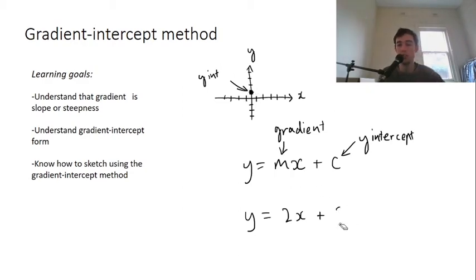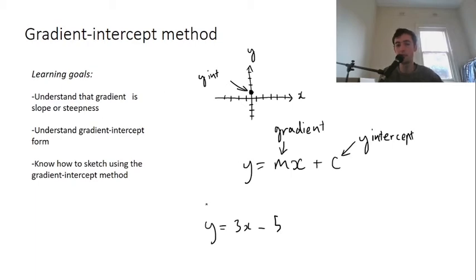If you ever want to know what the gradient and y-intercept of a line are, you can write down the line and write this formula above the line, and it will help you find it out. So y equals 3x minus 5.